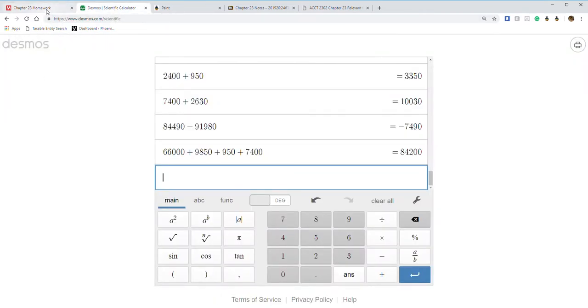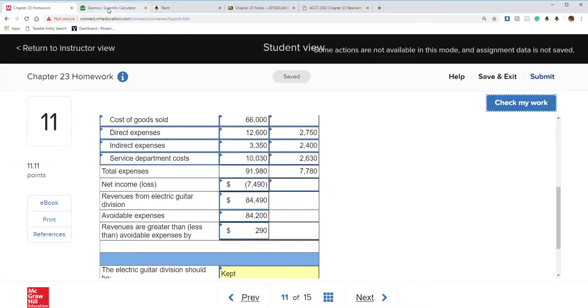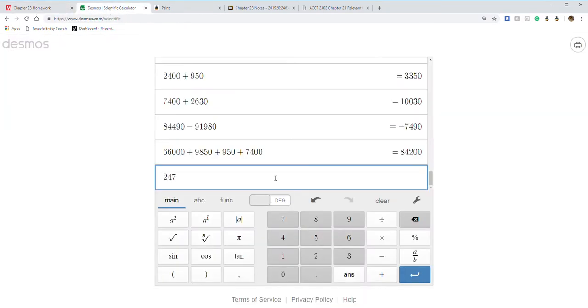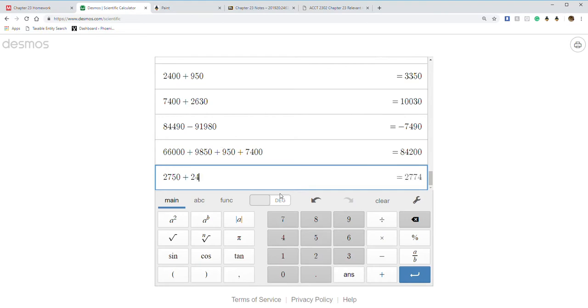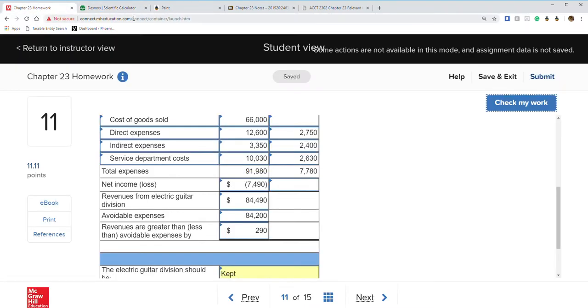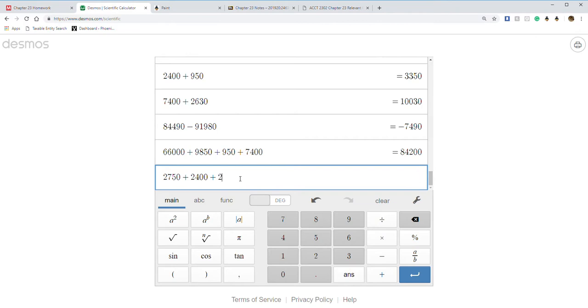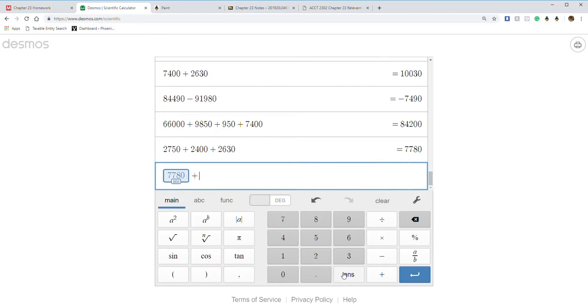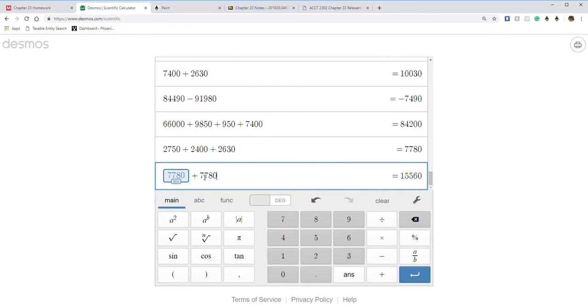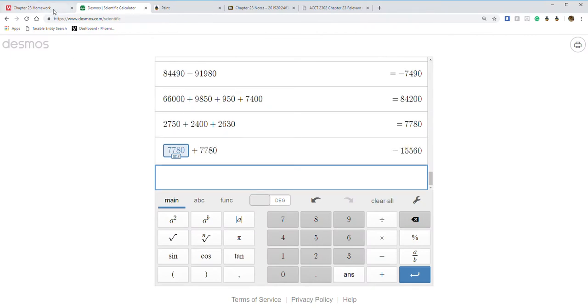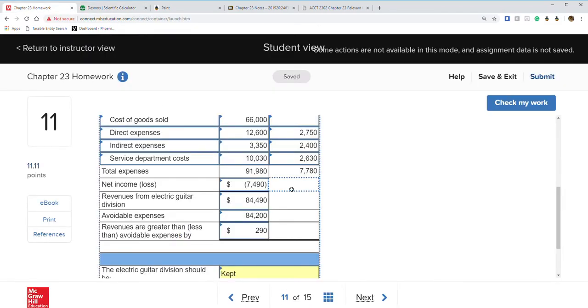So we have 2,750 plus 2,400 plus 2,630 and plus, I like that, plus 7,780. 15,560.